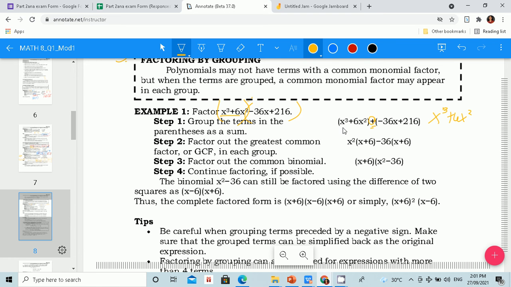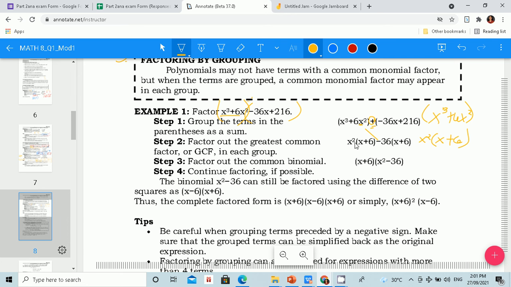Okay, what is the greatest common factor in this group? We have x cubed and x squared. The factor, class, is the number or variable that is present in both terms. Common, class, so we have x squared times x plus 6.